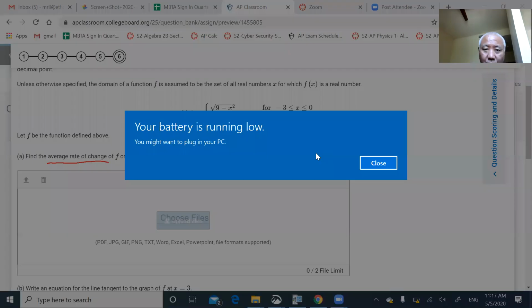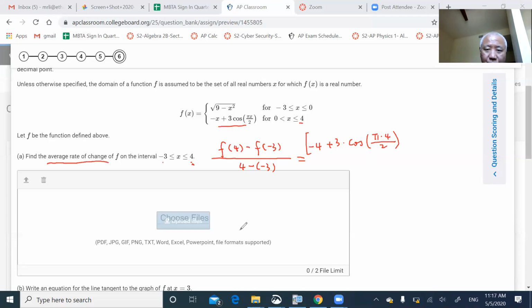We just plug x equals 4 back in here, and here we get f(4). And the minus f(-3) means we need to put the -3 in the other piece. So we have 9 minus (-3) squared, over 4 minus (-3), which is 7.